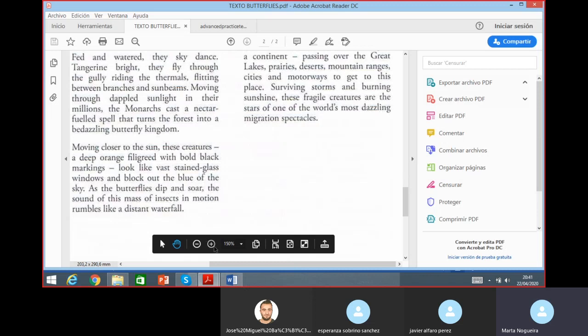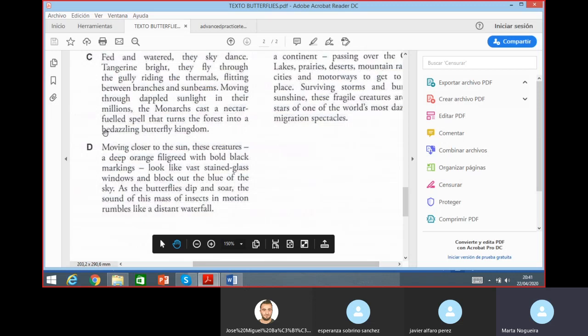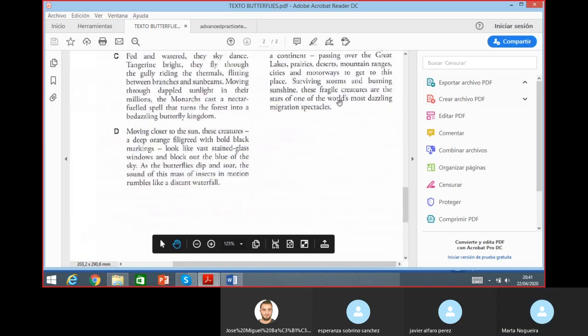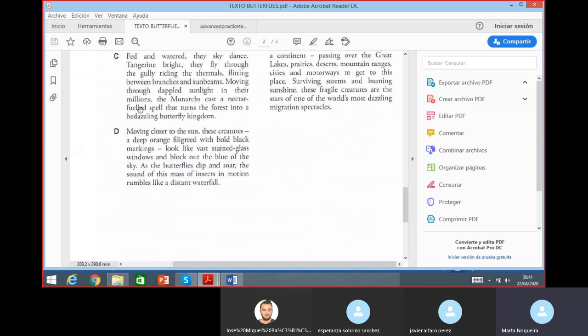Dazzling, bedazzling. ¿Veis que aquí solo se añade B? So this is the same. Deslumbrante. Dazzling es más que encandila, pero this is the same, ¿ok? Entonces, bedazzle. Dazzle es como shine, brillar, pero suena muy bien.